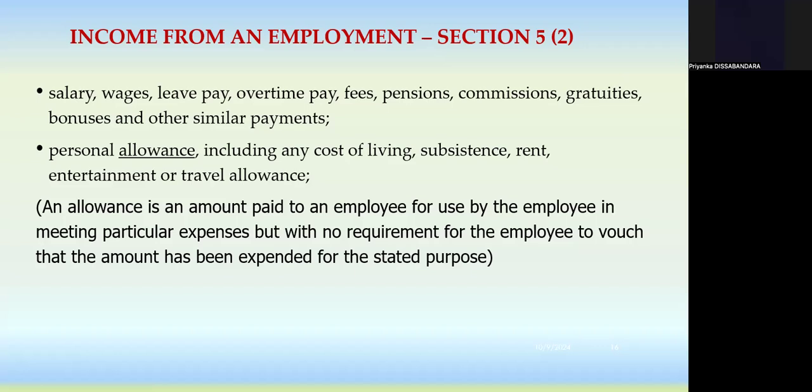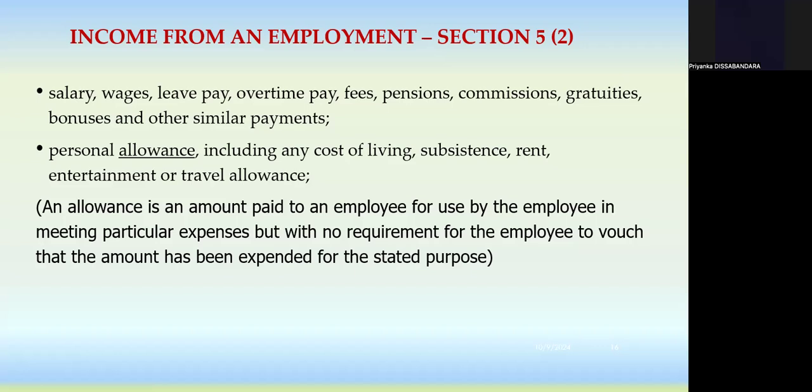Subsection 2 of section 5 provides for the income that we have to include when we are calculating the employment income. These are the types of income that we can categorize under employment income. If we receive this kind of income, definitely we should include that when we are calculating the employment income.